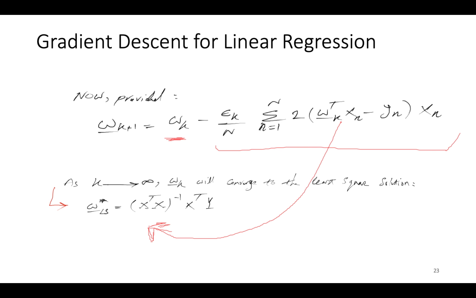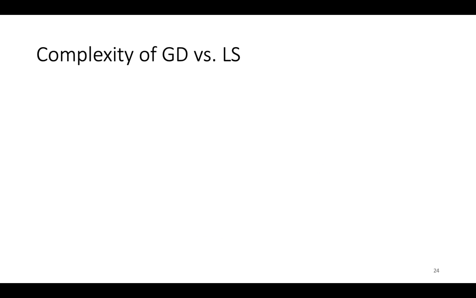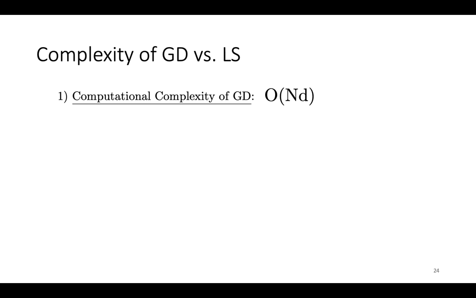The answer is very simple in a machine learning board, because if you take a look at the complexity of these two algorithms, gradient descent is a very lightweight algorithm. That's why it's very, very common and popular in machine learning. The order of the computational complexity of gradient descent is just nd, right?